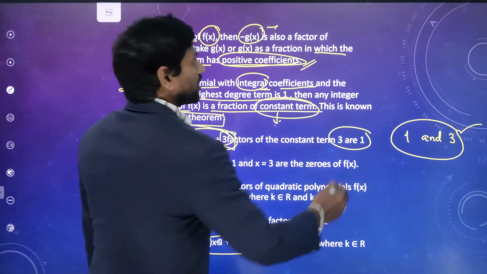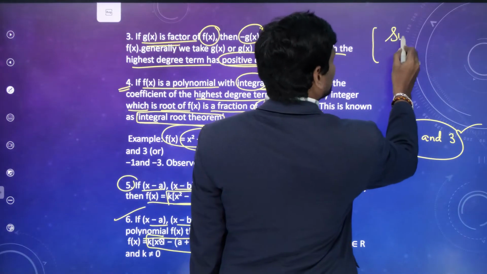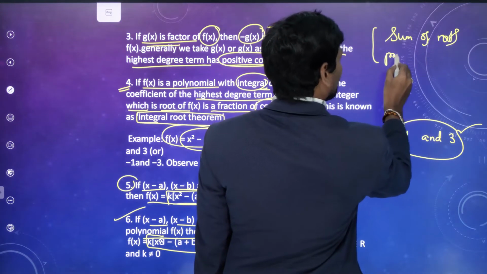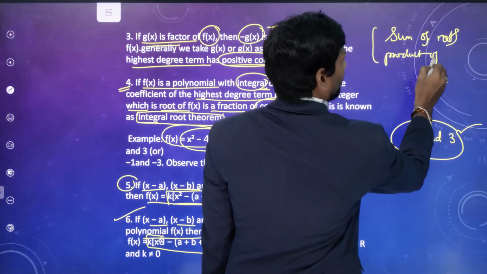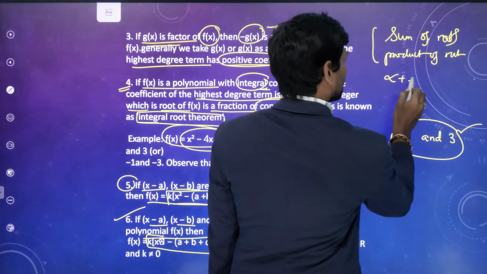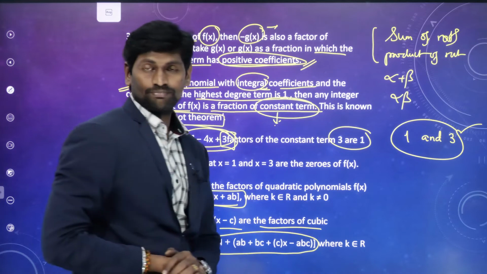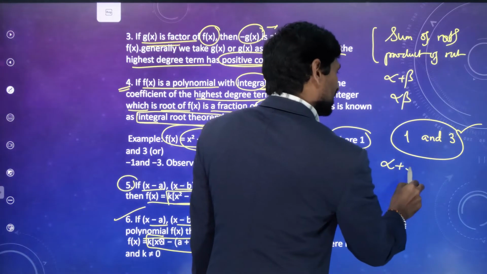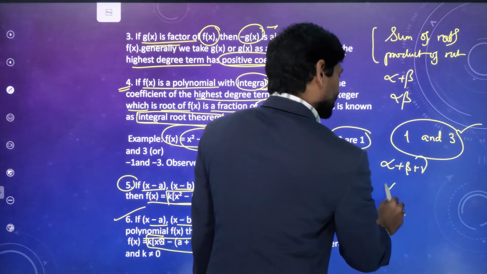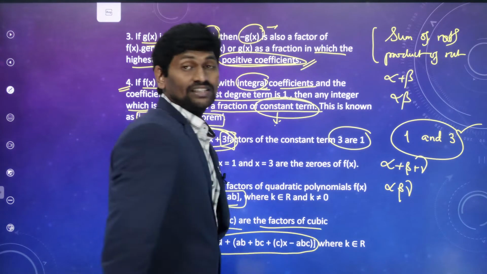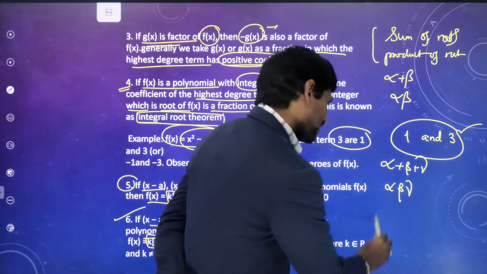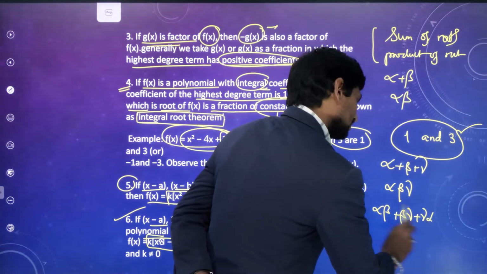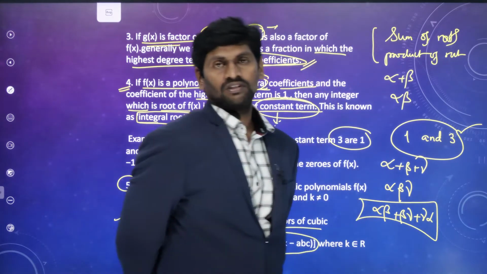For a quadratic polynomial, we get only the sum of roots and the product of roots, alpha plus beta and alpha into beta, the minus b by a and c by a concept. But for a cubic polynomial we get the sum of roots, alpha plus beta plus gamma, the product of roots, alpha into beta into gamma, as well as the sum of the products of roots taken two at a time, that is alpha beta plus beta gamma plus gamma alpha. Okay.